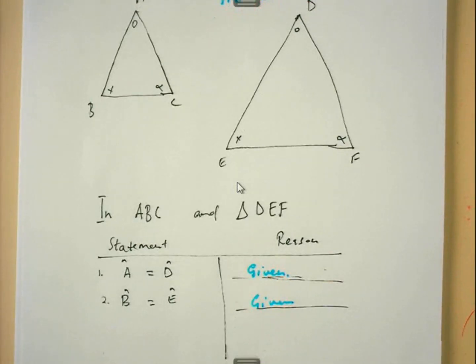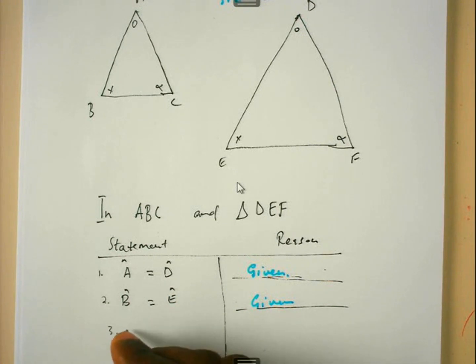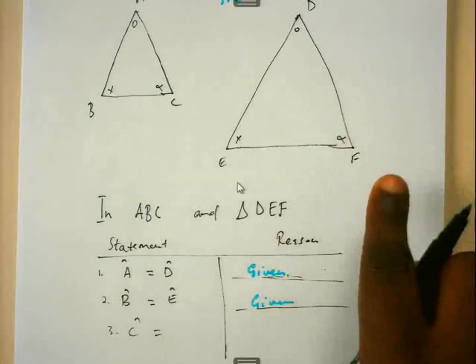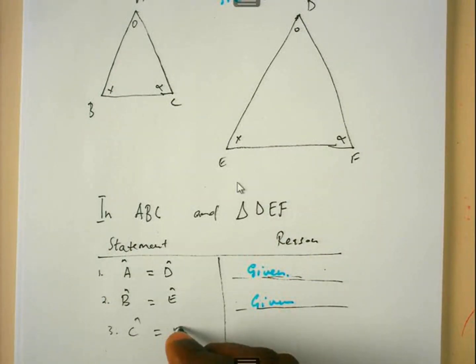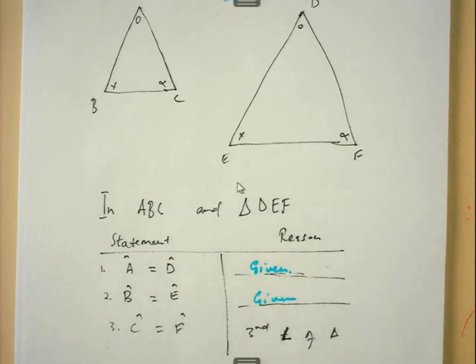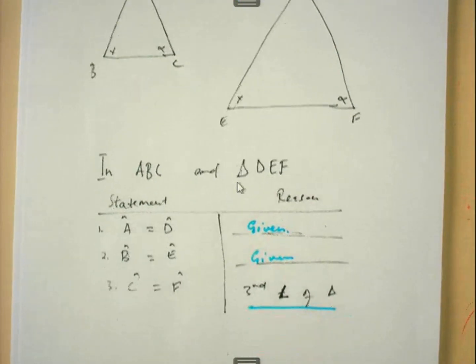And then lastly, we write there number 3, angle what? Angle C in this triangle, we compare it with the other triangle, is equal to angle F. We can write the third angle of the triangle, or in this case it is given, but it depends on any reason that you need to assign.